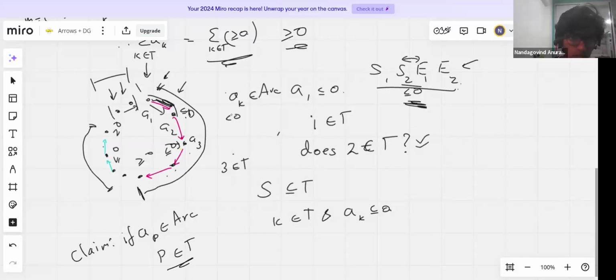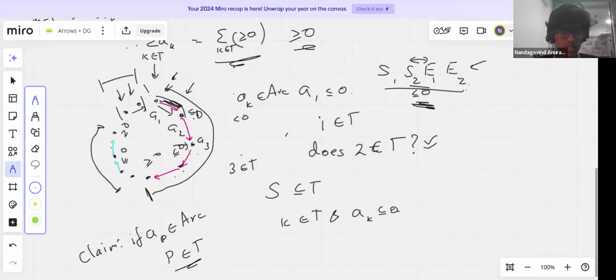No, I don't know if an arc starts at A3. So I can't say A3 to A. So this is A5, this is A4. I don't know if A4, A5 is greater than or equal to 0.